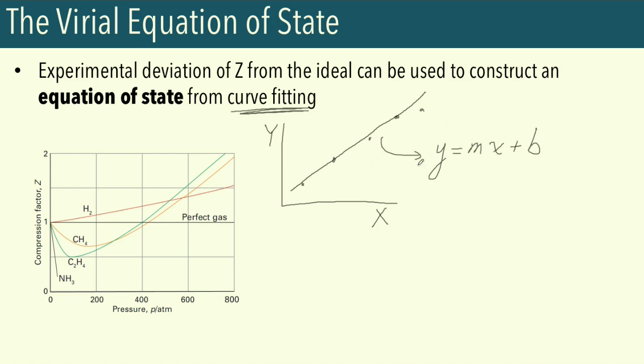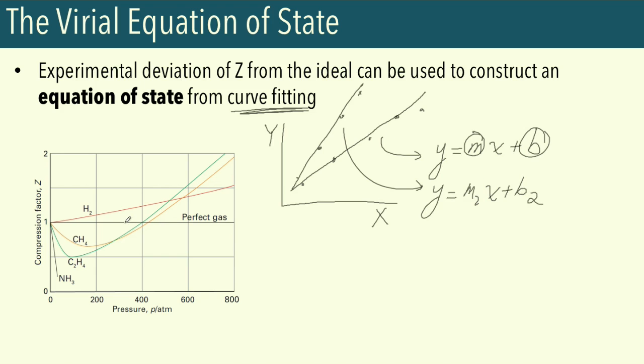Based on different types of behavior, we're going to have different values of m and b. So for this curve, for example, we have y is equal to mx plus b. For this curve, we have y is equal to, say, m2x plus b2.